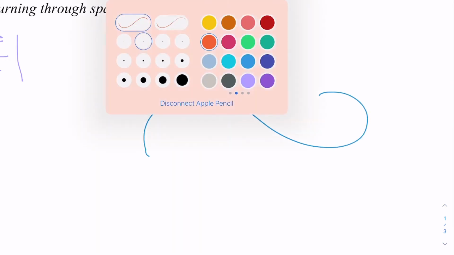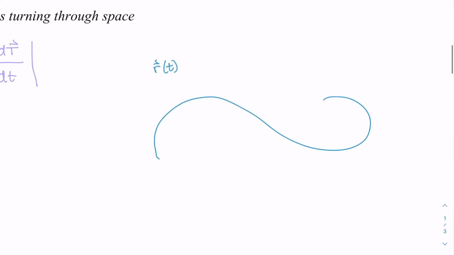If I pick this point here and plot what its unit tangent vector would look like, it might look like this. Then if I pick another point a little bit farther along the curve and plot its unit tangent vector, we can see that the change in the unit tangent vector is going to be equal to the change between these two vectors.